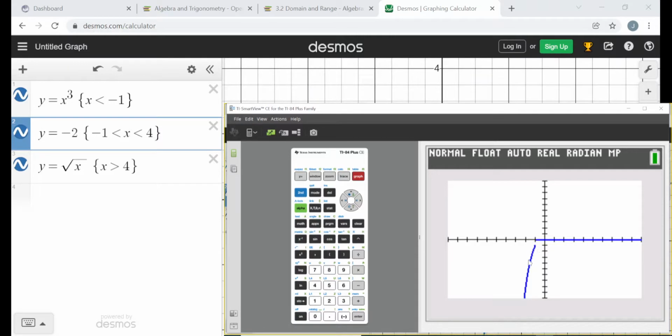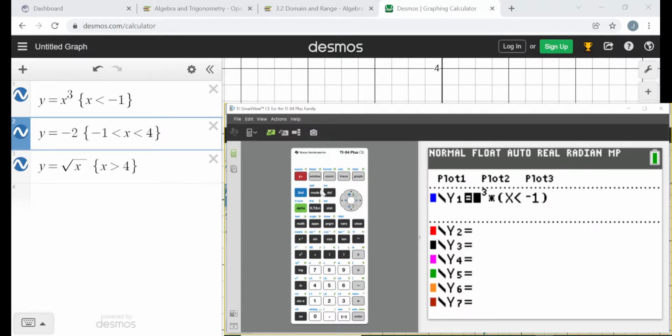You have that piece of x cubed that goes up to -1, but after that you have a value of 0. It's not as nice as Desmos, because here there's not a hole. There's actually the point (-1, 0). So it's not as good as drawing one piece at a time in Desmos. But anyway, let's go back.